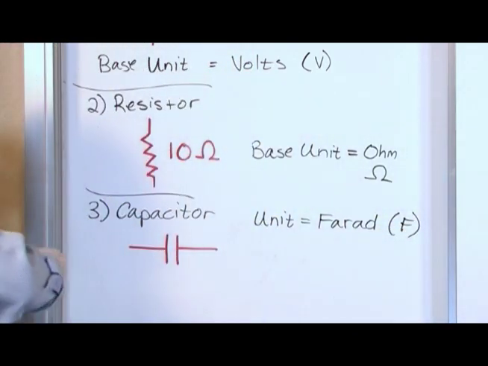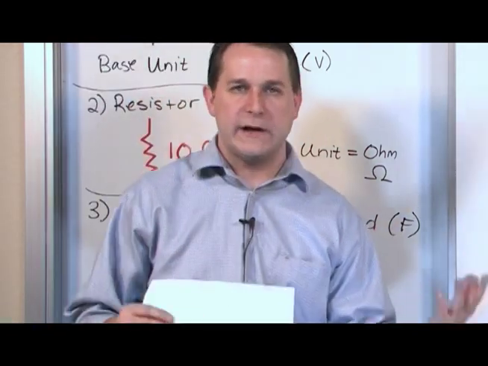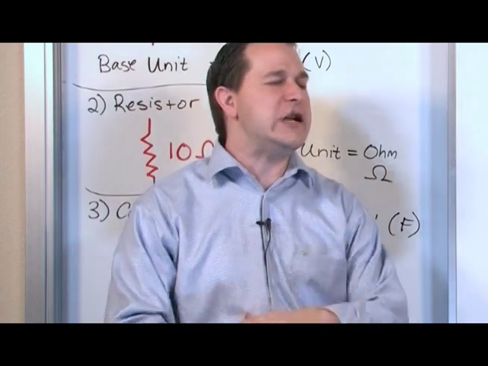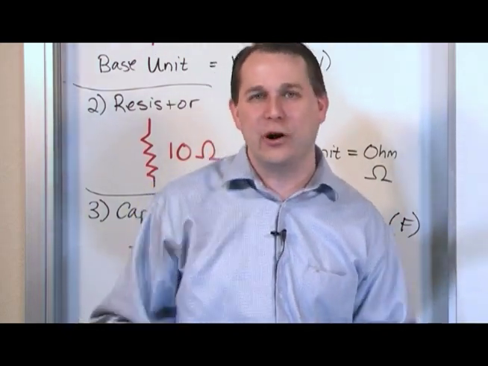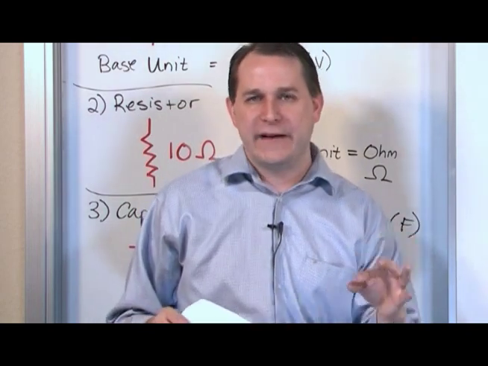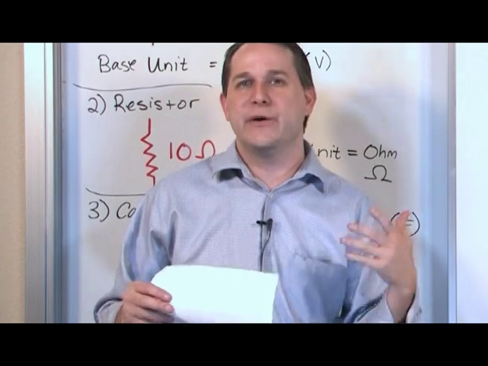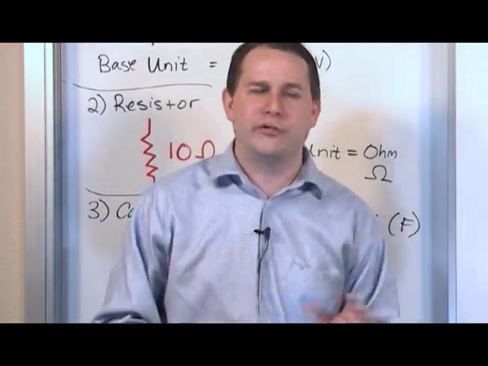But in reality, when you start purchasing capacitors or building capacitors, a farad as a unit of capacitance is an enormous amount of capacitance. It's an enormous amount of ability to store charge. So you're never going to find a capacitor at a store or in a mail order catalog with a value of 3 farads. It's never going to happen, because to get a capacitor that could store that much charge would be enormous.